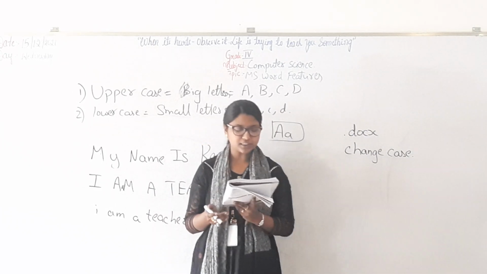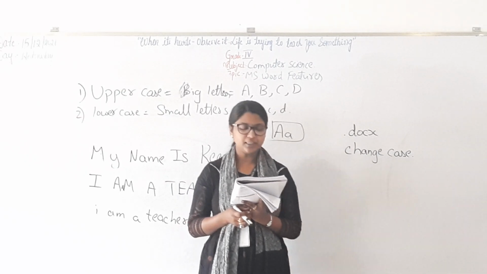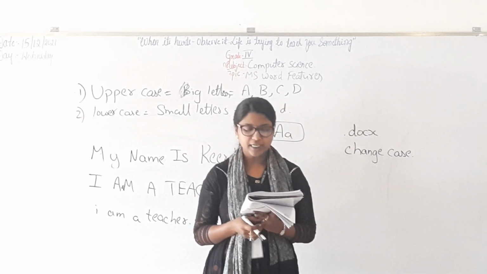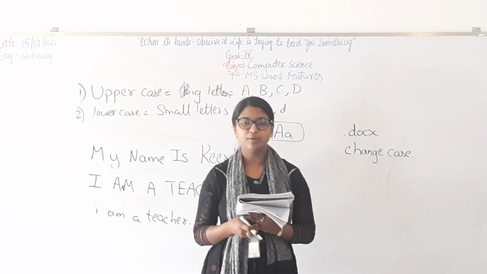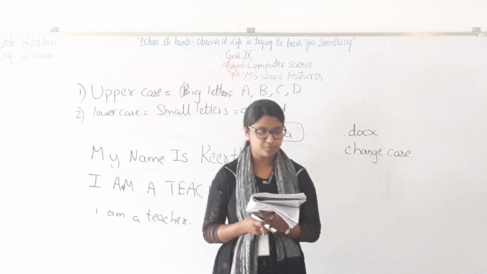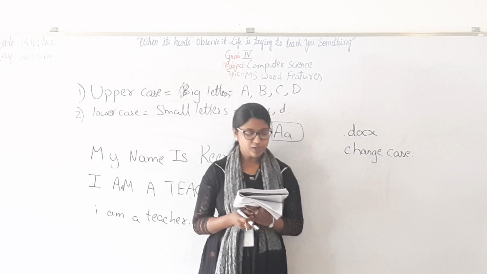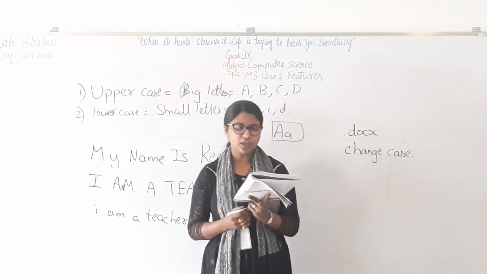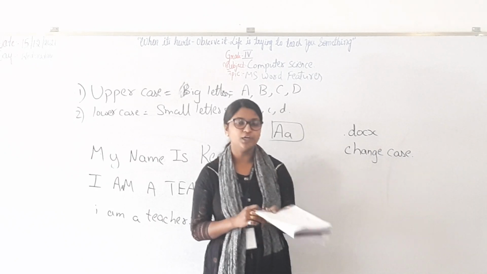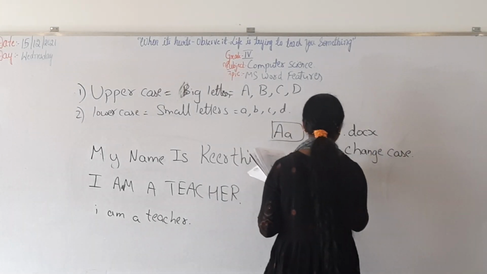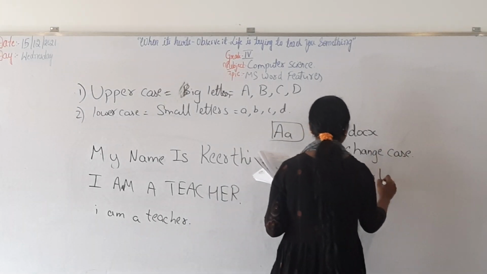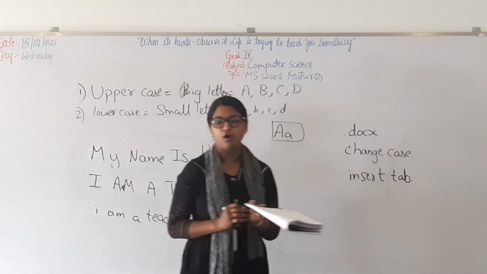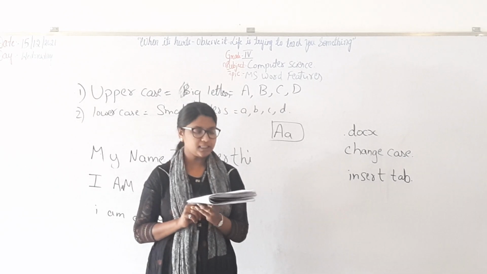Then see the very short answer questions. A. Which option in the spelling and grammar dialog box changes the word throughout the document? Change all option. B. Which part of the word screen displays the page number, document view buttons and zoom control? It is the status bar. Then 6A.